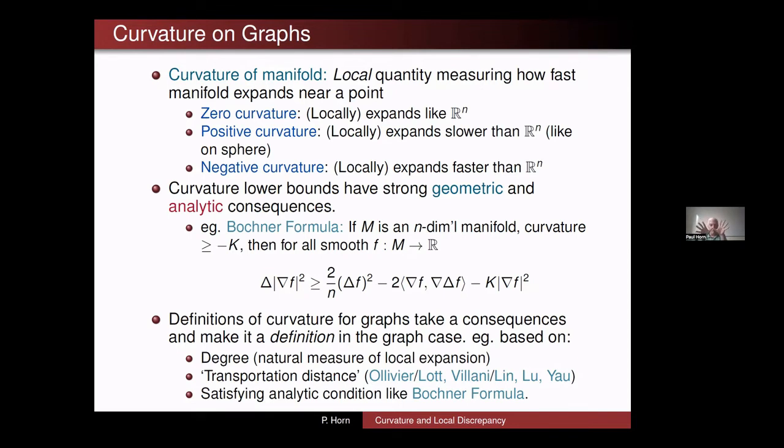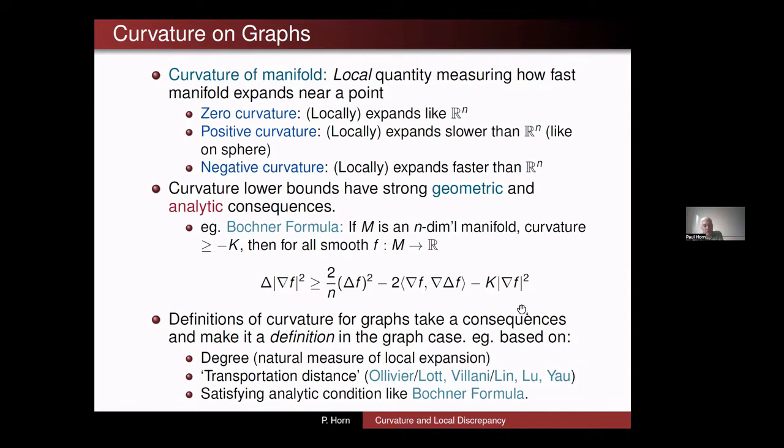Well, if your graph is more tree-like locally, then you just can't couple them as well. And so this is a more positively curved thing. This is more negatively curved. It's just branching out. And so the better you can couple the random walks, the more positive your curvature. And you can make this quite precise.